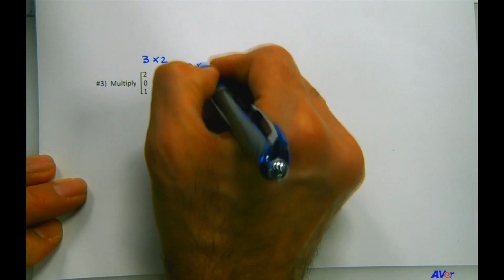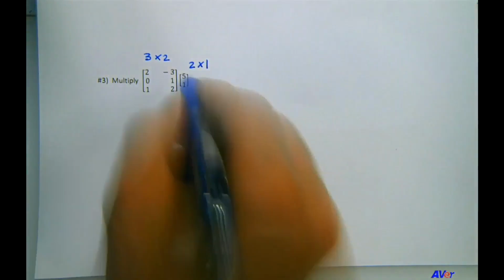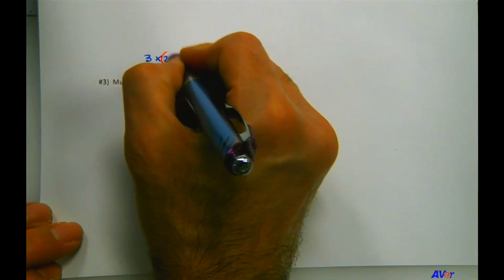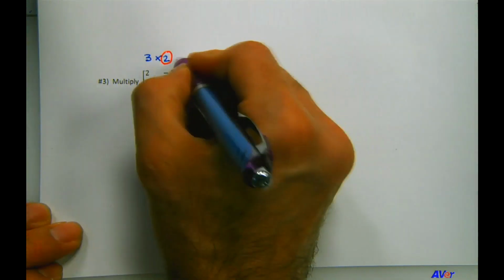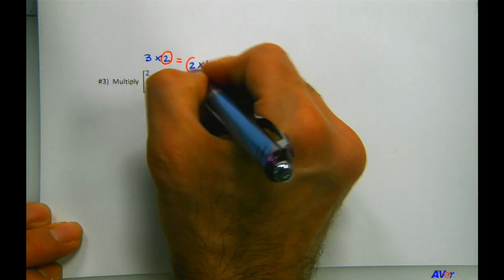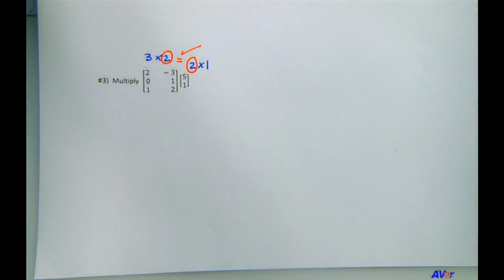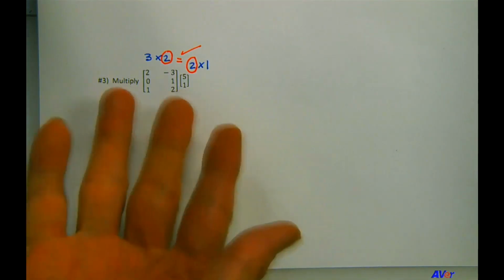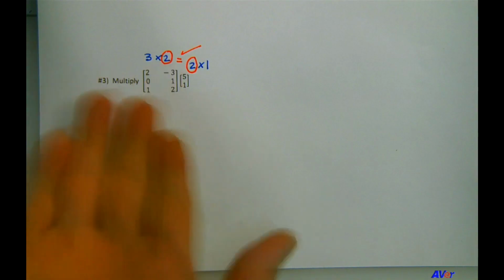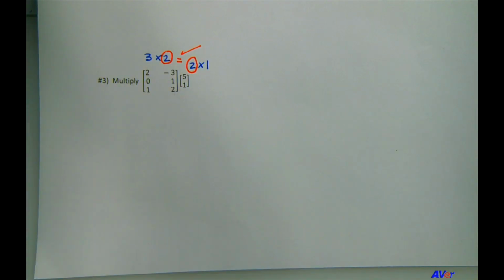So that's a 2 by 1 matrix, the second one. So notice the number of columns in the first matrix is equal to the number of rows in the second matrix. So it checks out. We can actually multiply these two matrices, even though it looks odd, but the multiplication is possible.